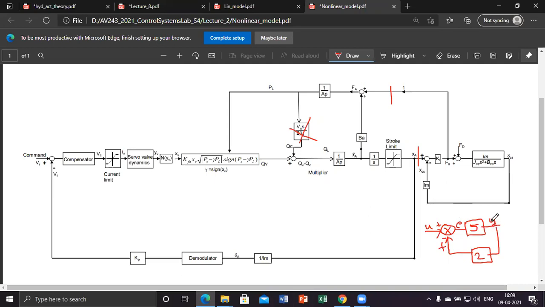Y is equal to 5 into E, which is U minus 2 into Y. Finally you will get Y divided by U is equal to 5 divided by 1 plus 5 into 2, that is G by 1 plus GH. That is the exact algebraic solution.